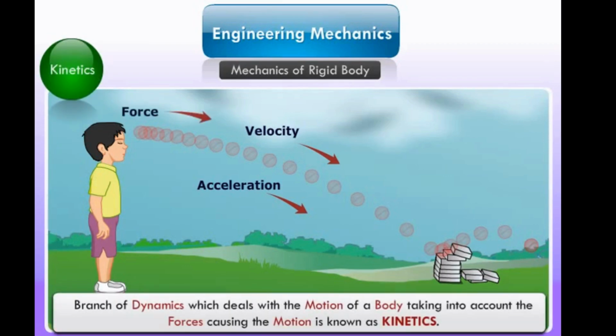But if we take into account the cause of motion, then this branch of dynamics is known as kinetics. Thus we can say that kinetics deals with the force, weights, velocities, and acceleration, etc.